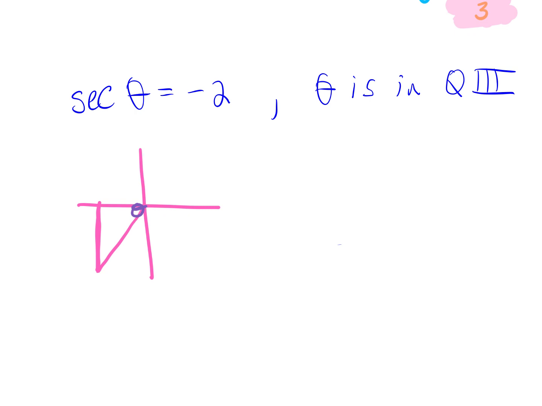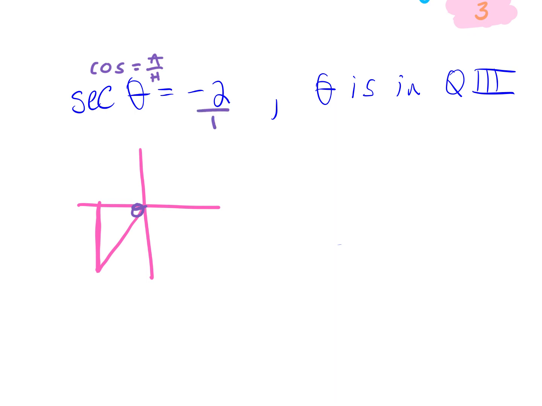Now secant goes with which trig function? Cosine. And cosine is what over what? Adjacent over hypotenuse. So that means secant's going to be the reciprocal. We have -2. How do we turn that into a fraction to make it over something? -2 over 1.